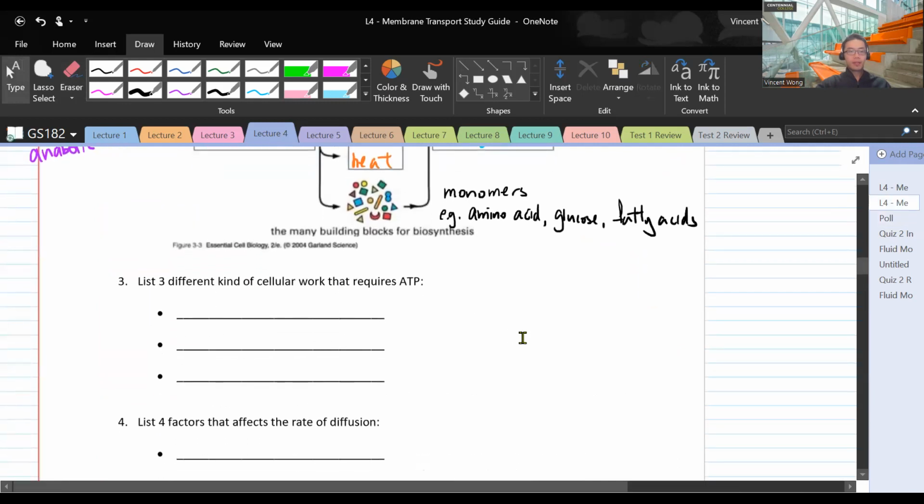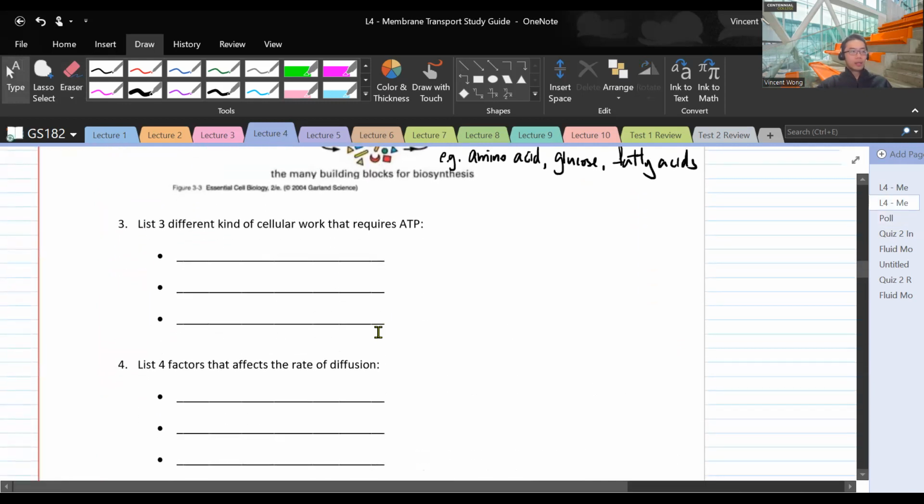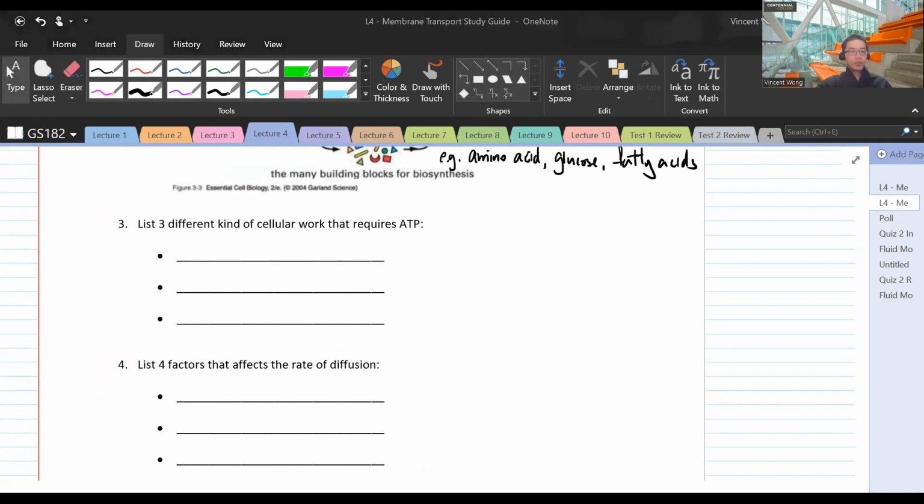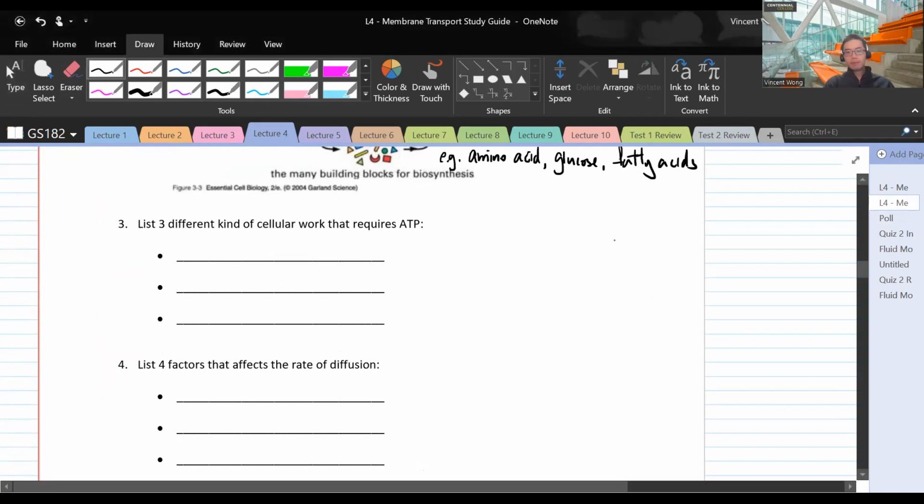Okay. Moving on. Now, what do we use ATP for? So just to quickly recap for you, in case you need a refresher, this is the ATP molecule, and the ATP, when you add water to it, is going to separate into ADP and a phosphate, a P, and in the process, it's going to release energy.